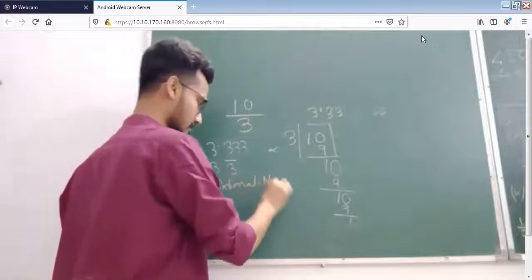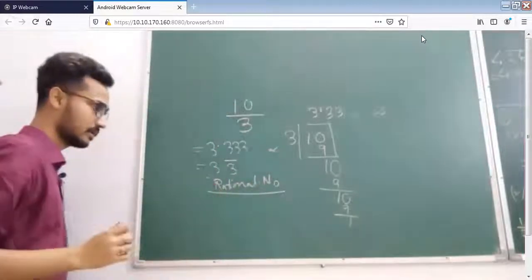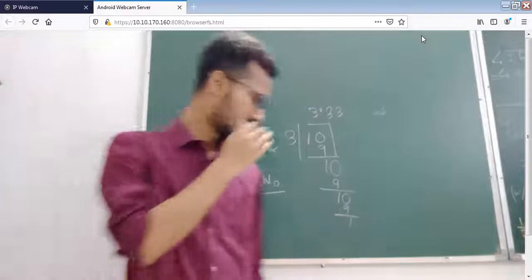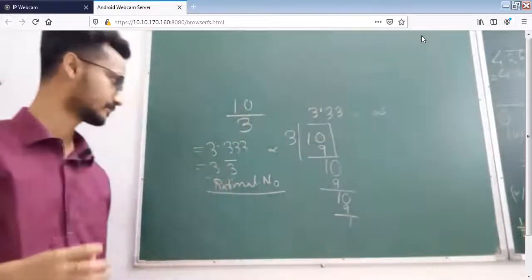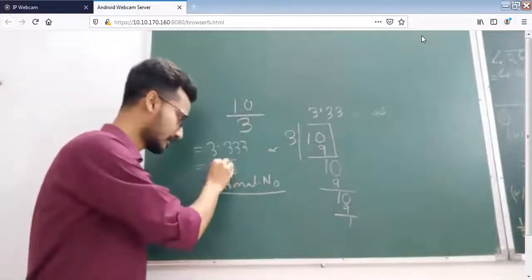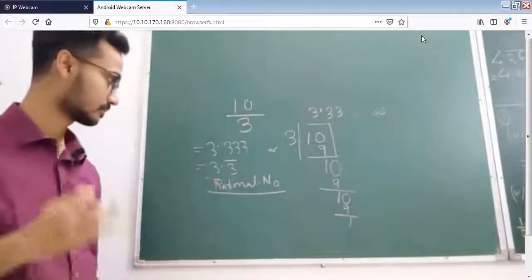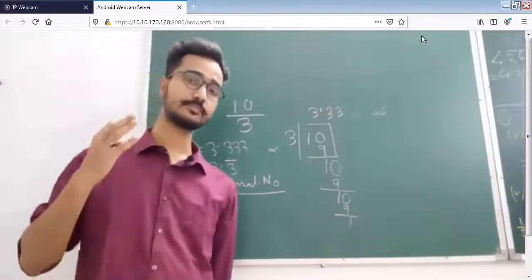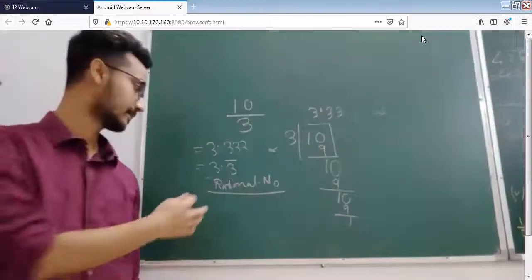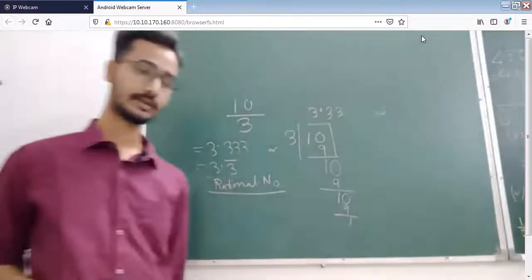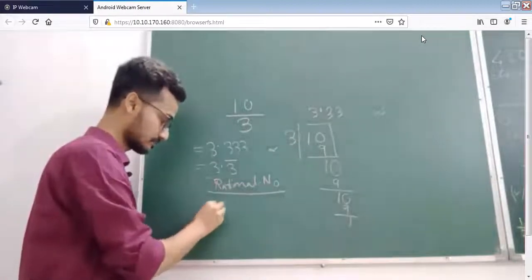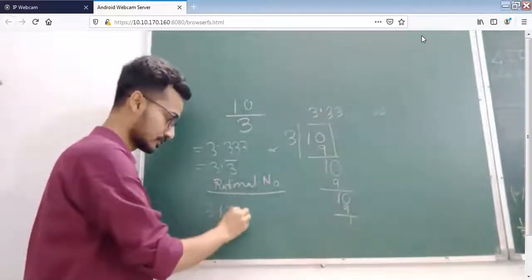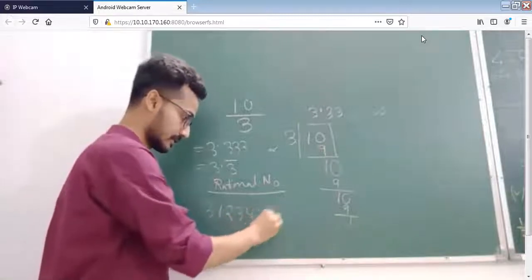Now see, rational numbers. When a digit or a number is non-terminating recurring, then that number is called a rational number. But suppose take one example, 3.1234 then 78 up to infinity.